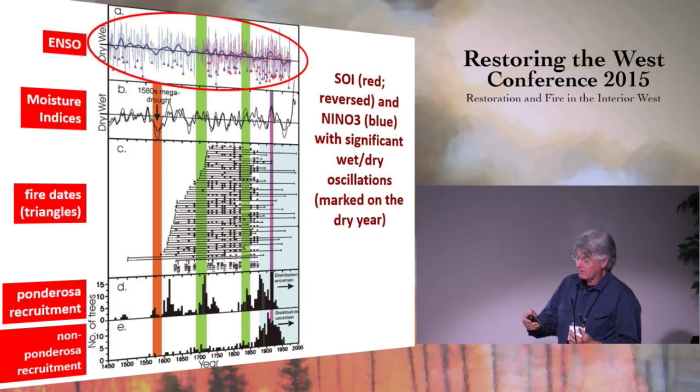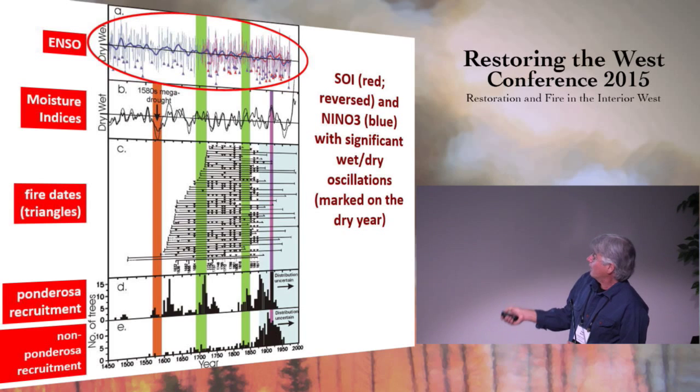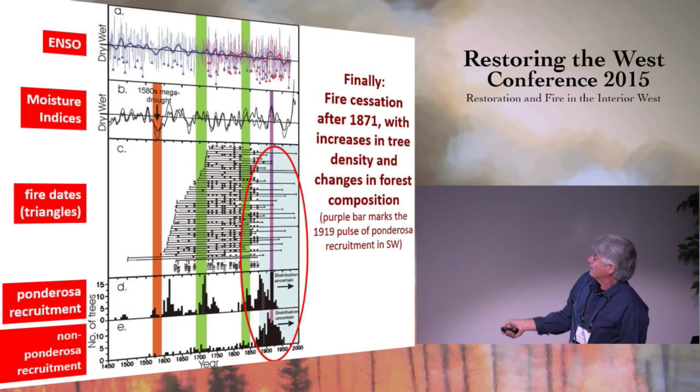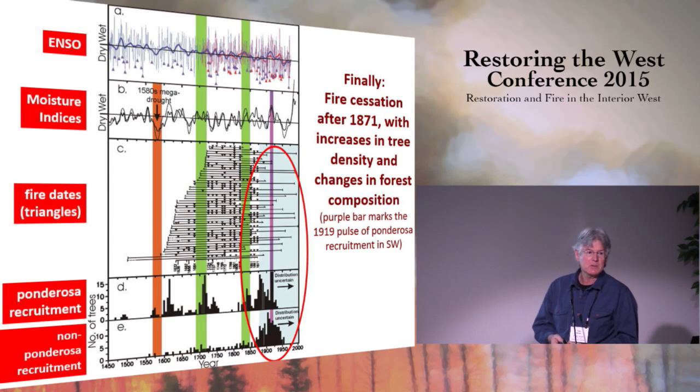And we found that this early 1800s gap is all over the Southwest, basically. And then finally, the last thing on this one is that the last fire date we see is 1871 in this stand, and then a whole pulse of recruitment comes in after that.